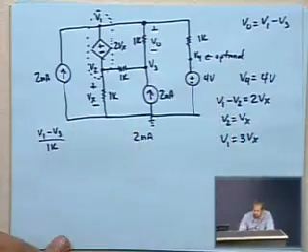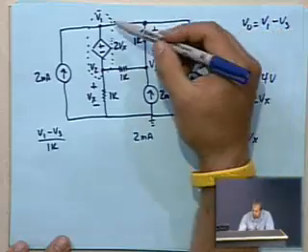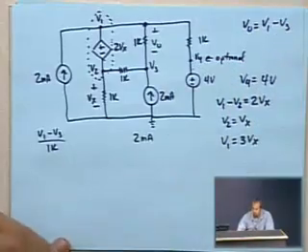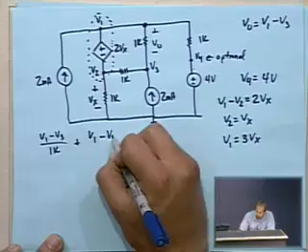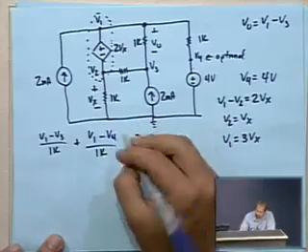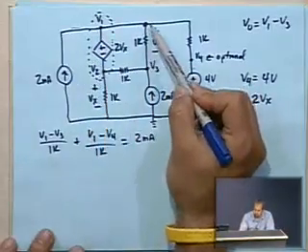That's that voltage V0. And then coming out this branch, we've got V1 and this V4, which we've defined as being 4 volts. So V1 minus V4 over 1K resistance equals the 2 milliamps. And so that takes care of this branch, and that branch.